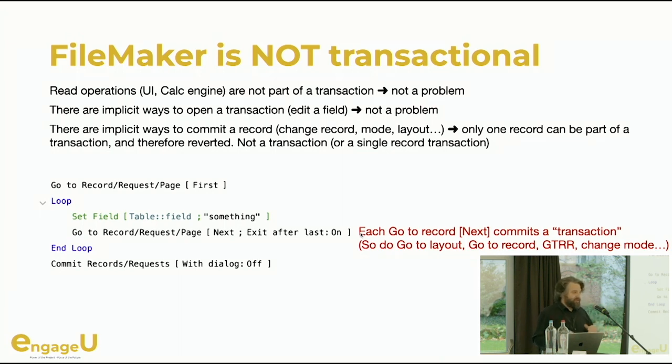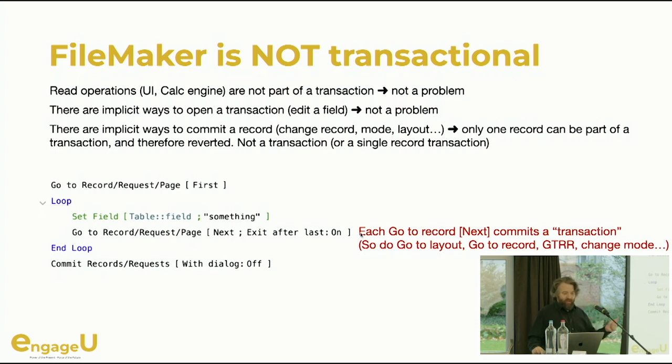That's not really an issue. We don't really care. Some other databases would consider reading as being a transaction. There are implicit ways to open a transaction, like editing a field, just what I said earlier. That's not an issue, it's just an alternate way. There are also implicit ways to commit a record, and this is more of a problem.